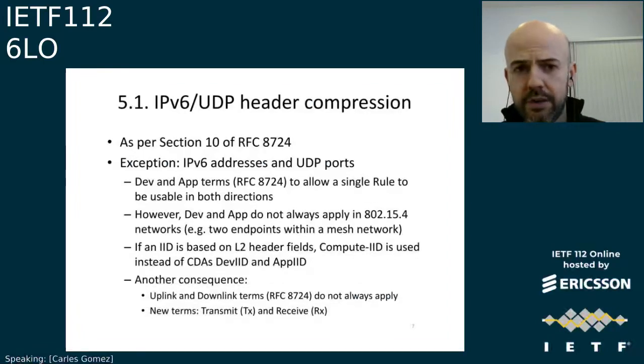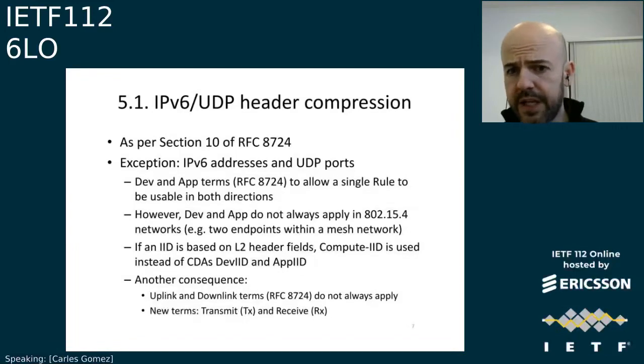Then in section 5.1, we specify how IPv6 and UDP header compression is performed. We state that it must be performed as per section 10 of RFC 8724, except for one thing which concerns IPv6 addresses and UDP ports.